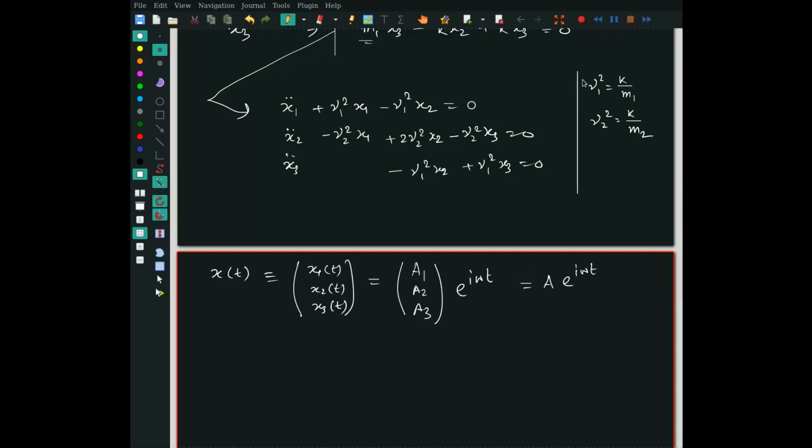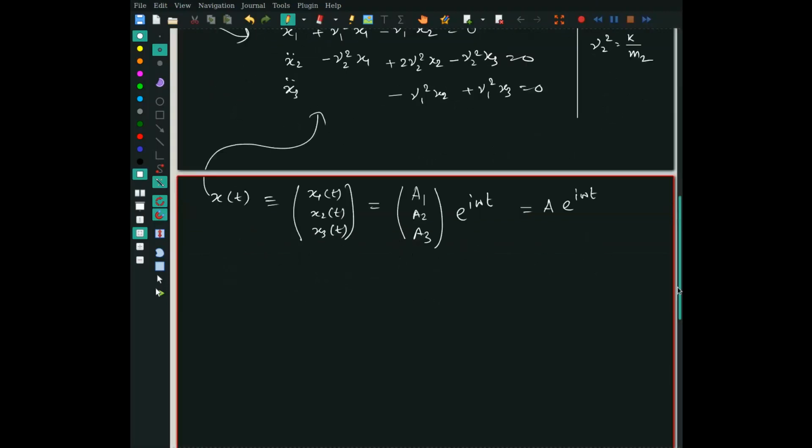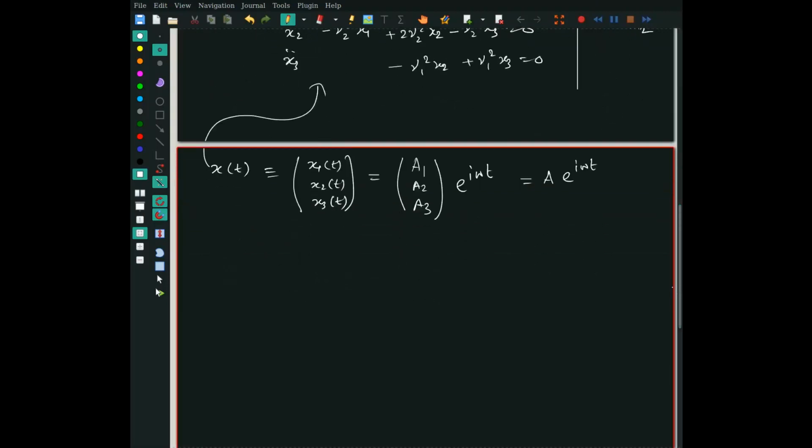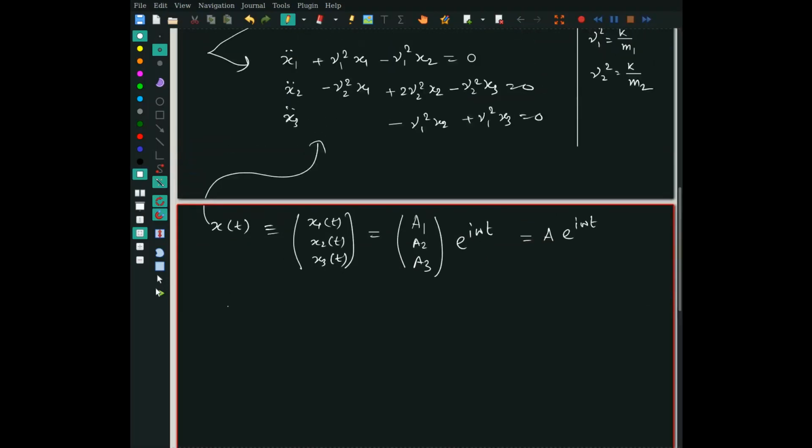So now if we substitute this trial solution into here, then you can rewrite the things in the form of a matrix: minus omega square plus nu 1 square. Whenever there is a double derivative, minus omega square will come.